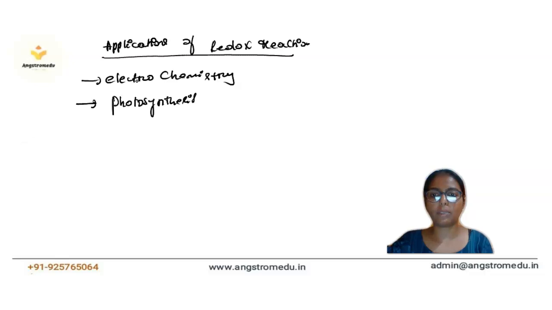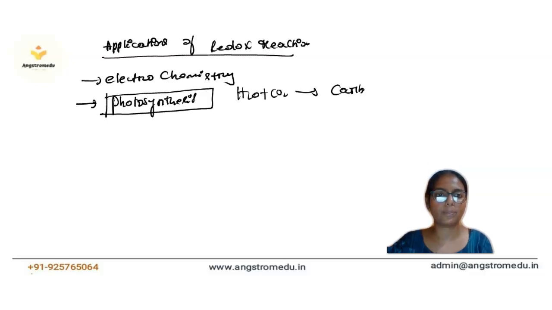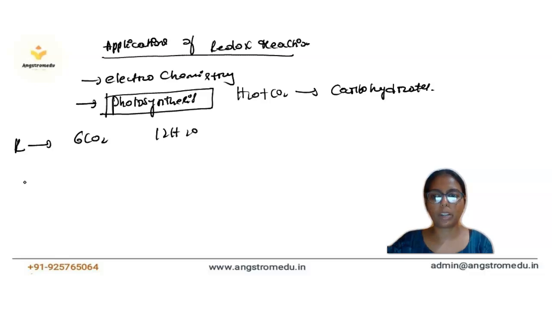We know that green plants convert water and carbon dioxide into carbohydrates, that is glucose. Let's look at the reactants: 6 carbon dioxide and 12 H2O. The products would be C6H12O6 plus 6 H2O plus 6 O2.